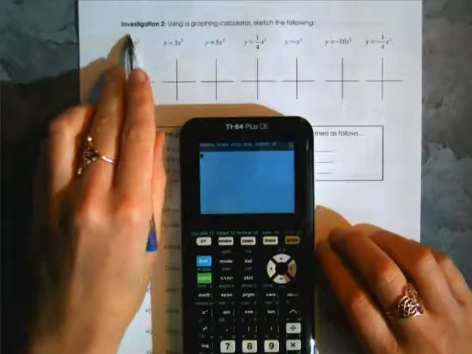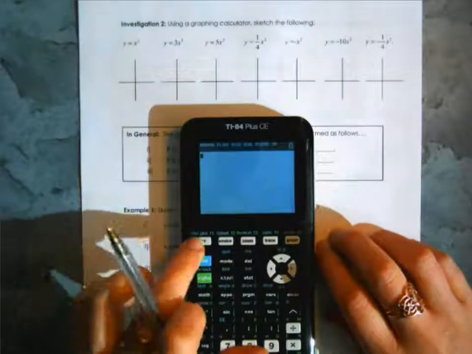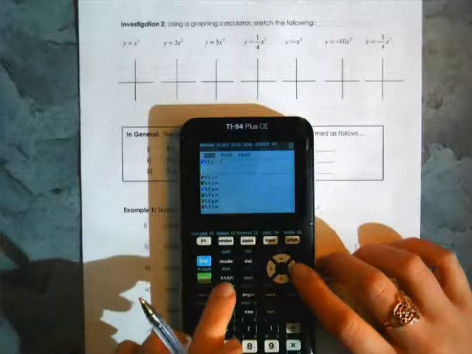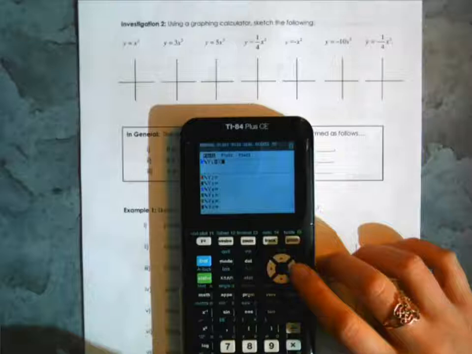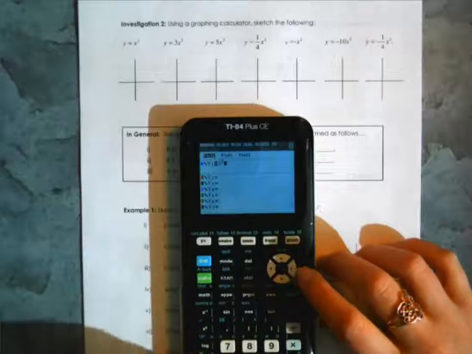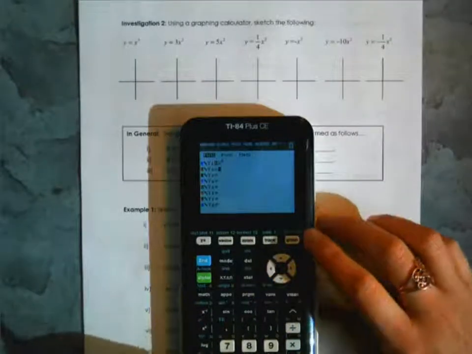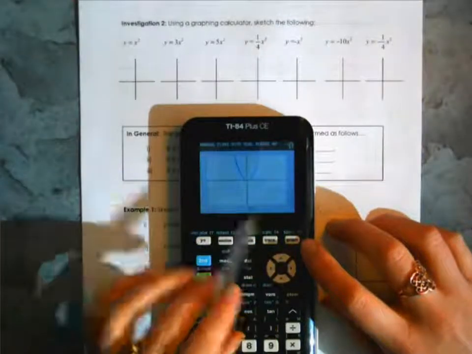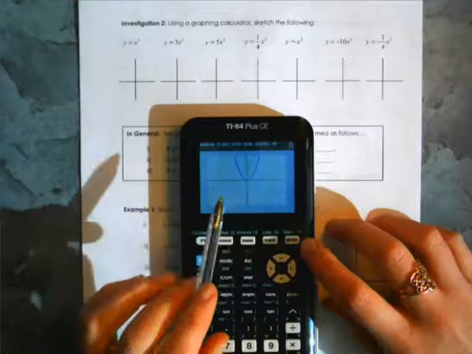So if you want to type in y equals x squared, you just go to the y equals and you're just going to put in, this is our x button right there, so x, and then we're going to square it. Okay, now if I want to see the graph of that, I'm going to hit graph, and this graph shows up right there.